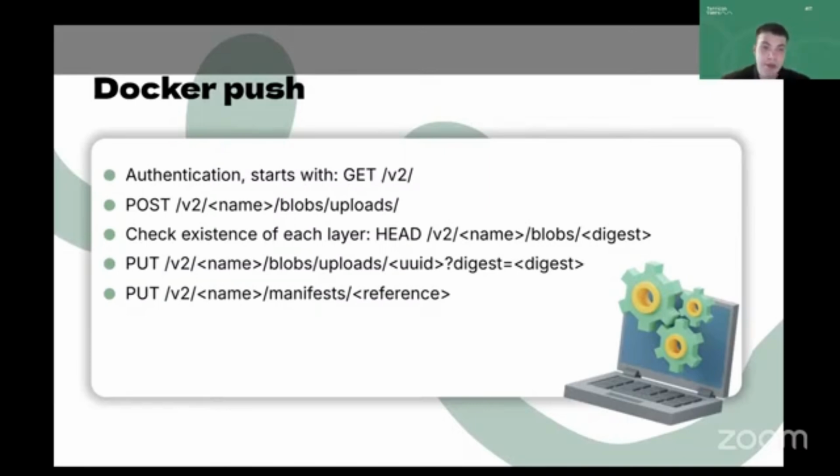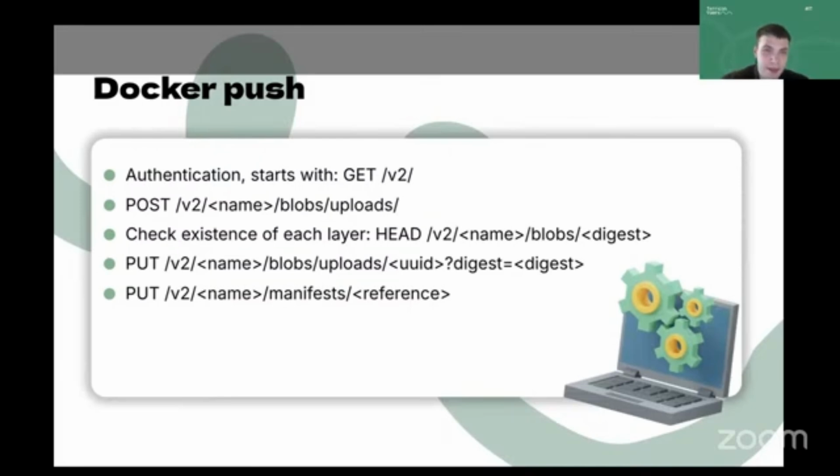Moving on to the docker push operation. It's a bit tricky, I would say, but in general the idea stays the same. We have our authentication in the beginning, and then comes the difference. An upload starts by calling the post uploads handler of the registry API.